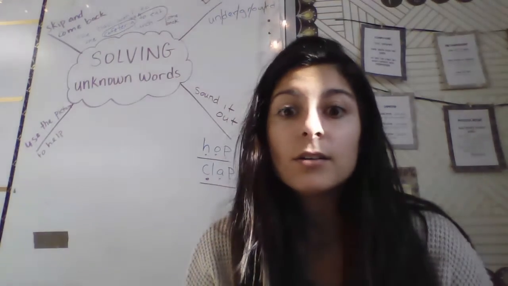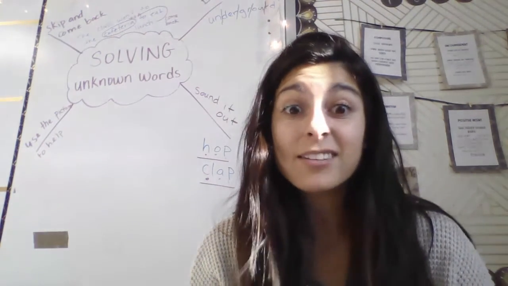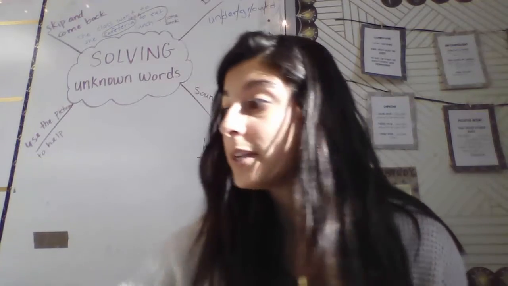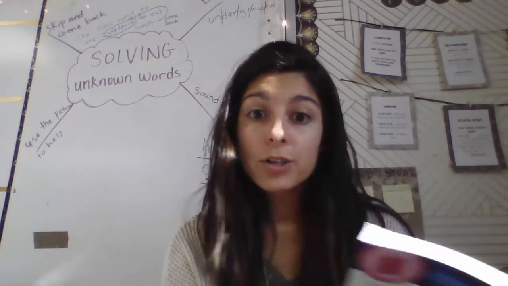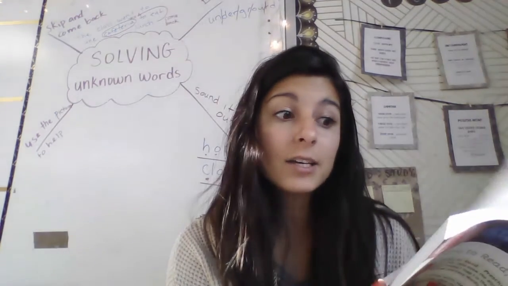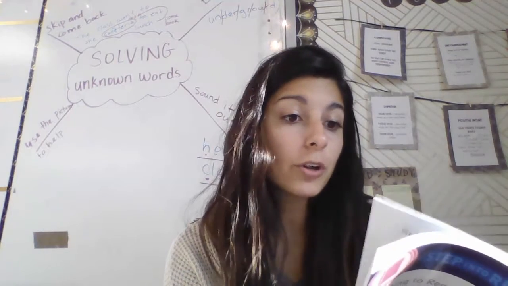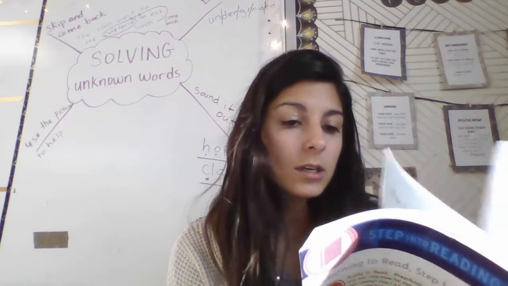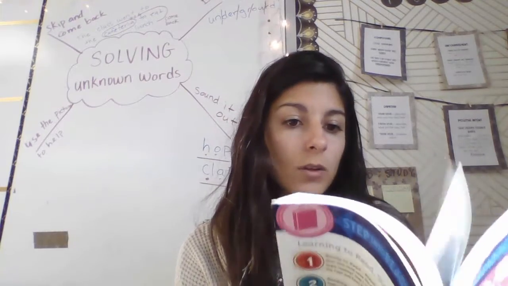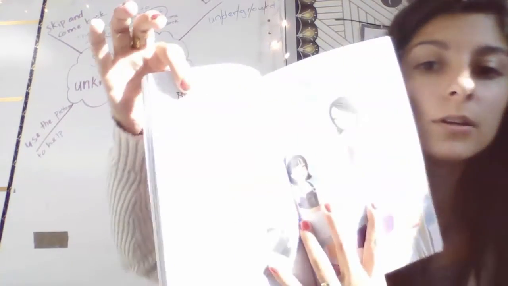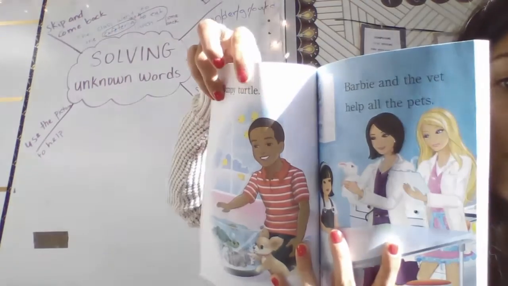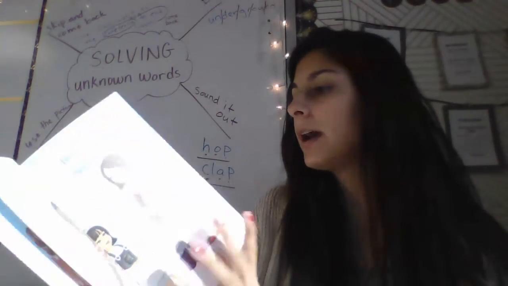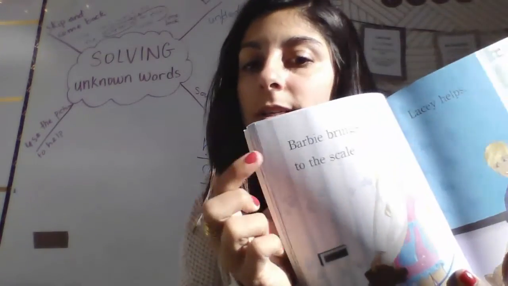So again, your job is to make a list of words that you don't know in your story. So I was reading my story. What are some words that I had to solve? I had to solve the word turtle. I didn't know that word at first. Let me show you. I didn't know the word turtle. So on Seesaw, I would write the word turtle. And I also didn't know the word at first, the word scale.